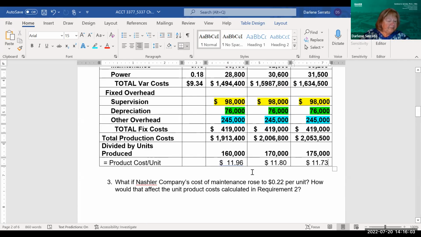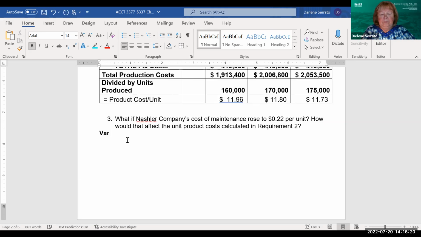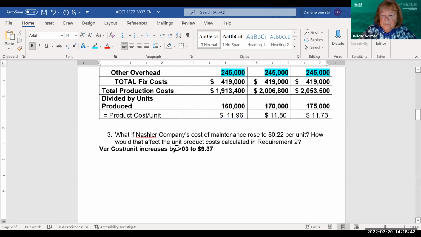Okay. So it should increase by 3 cents, which is the increase in the variable portion. Variable cost per unit increases by 0.03 to $9.37.